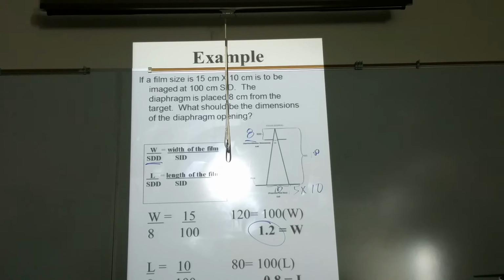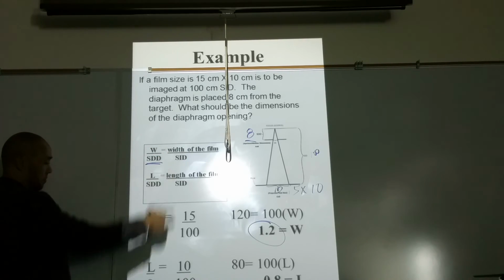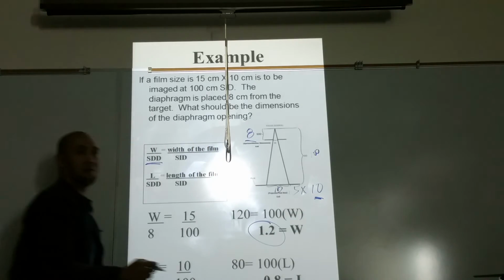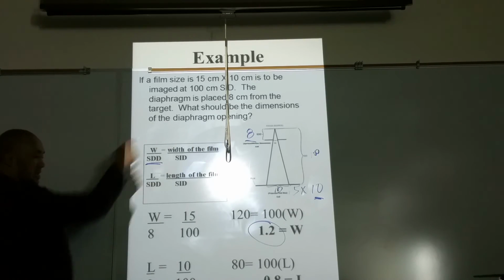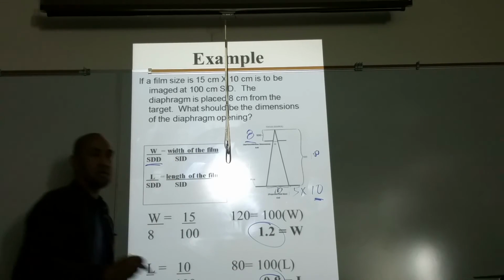Now I got to figure out the other part of my dimension, the length. Length over 8, your SDD, is equal to 10, the second part of your beam dimension, over 100 SID. I now got 0.8.